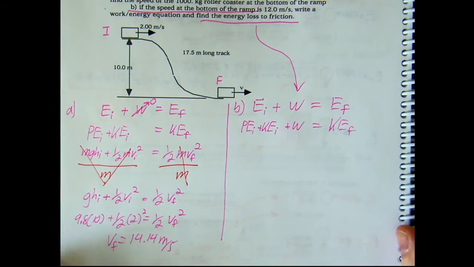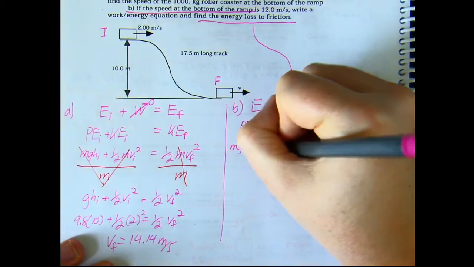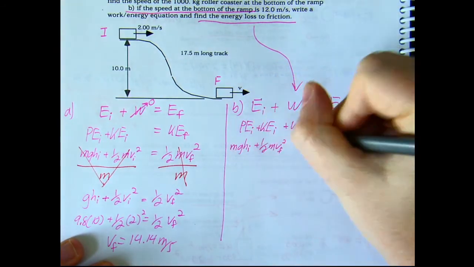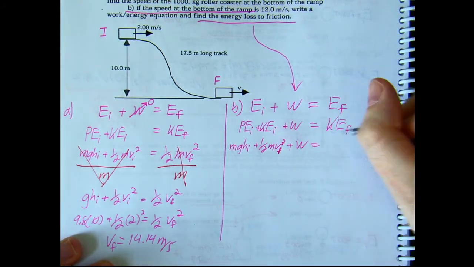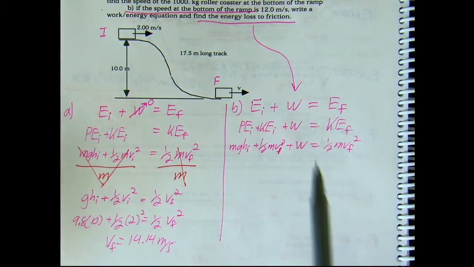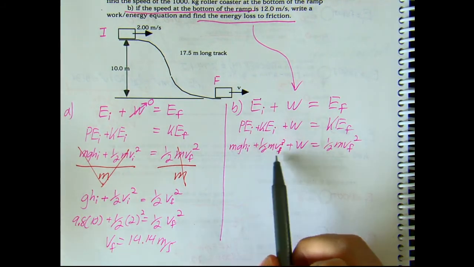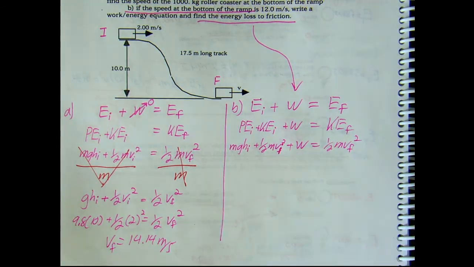Let's fill this thing in. mgh initial plus 1/2 mv initial squared plus whatever work is done by friction is going to equal 1/2 mv final squared. I do not have a mass in every term now, so I cannot cancel it, so now I've got to include it in my calculation.